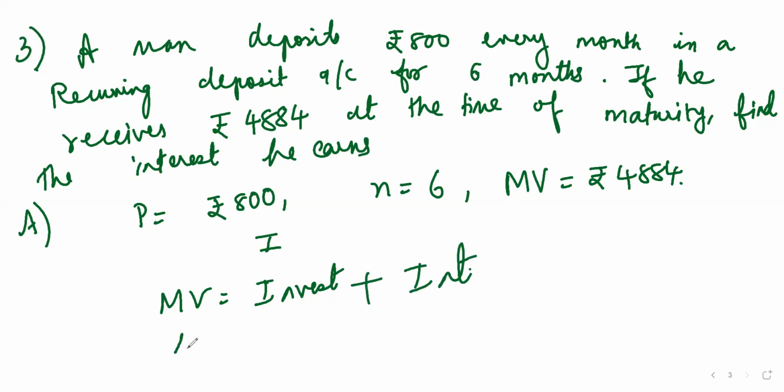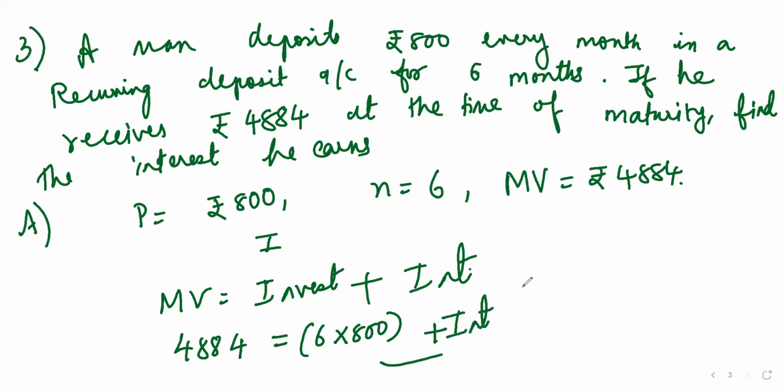So 4,884 is equal to the investment, which is n into p, here n being 6, isn't it? Into 800, which is the amount deposited. So this becomes his investment for 6 months. Upon the investment, he's going to get something additional. That's the interest.